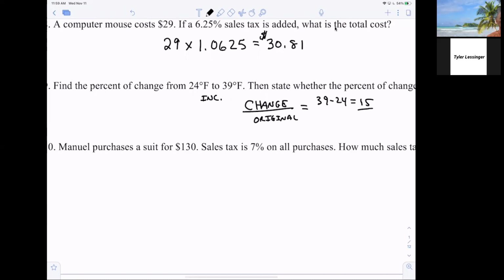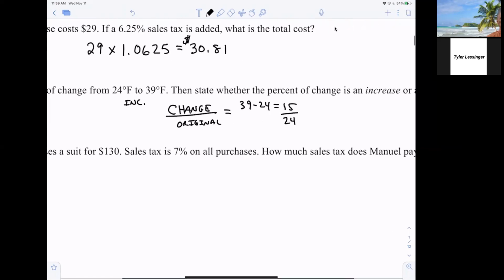And what was the original? 24. Is everybody okay with that? If you do that as a decimal, I think you get 0.625. Anybody else get that? And then that as a percentage would be 62.5%.